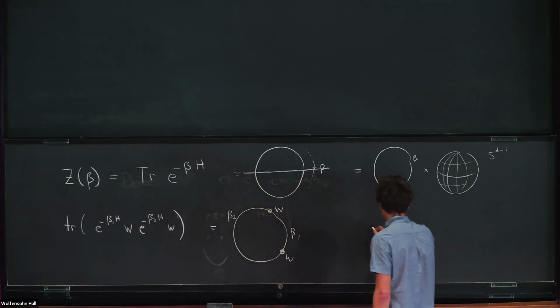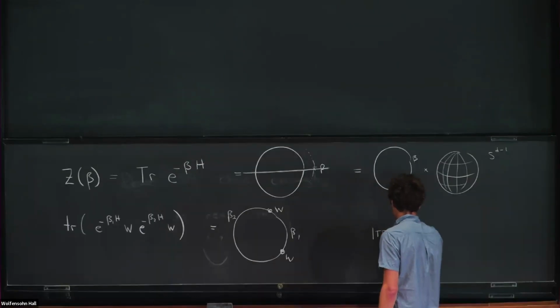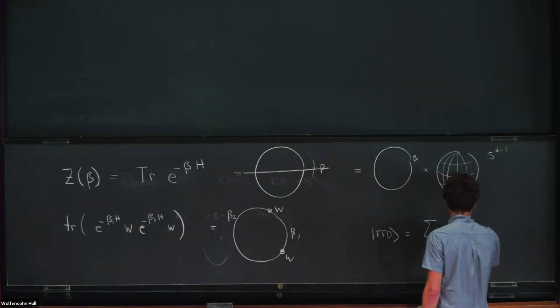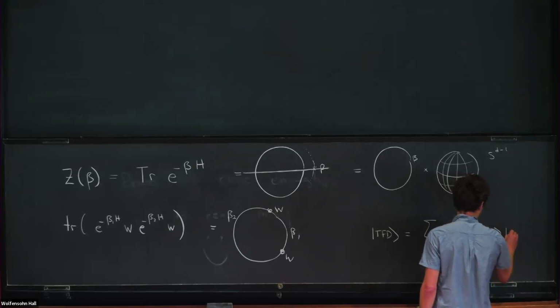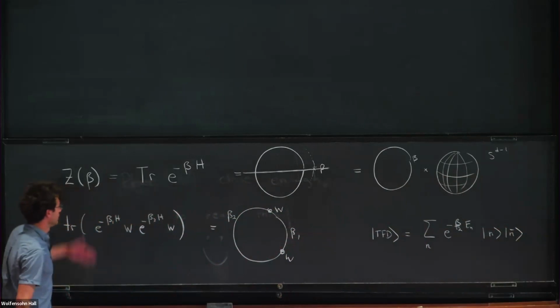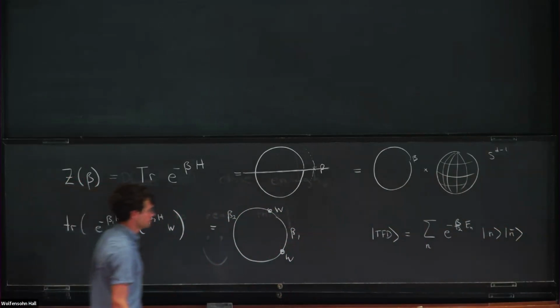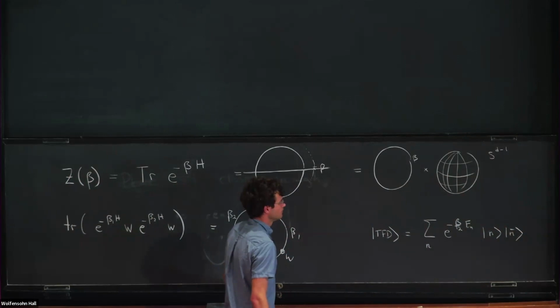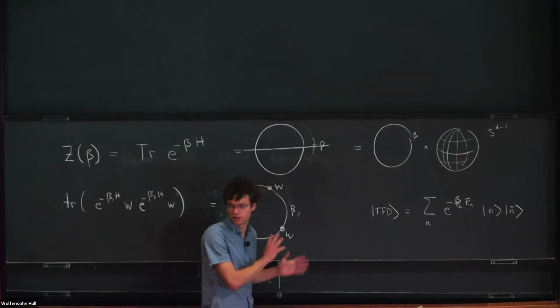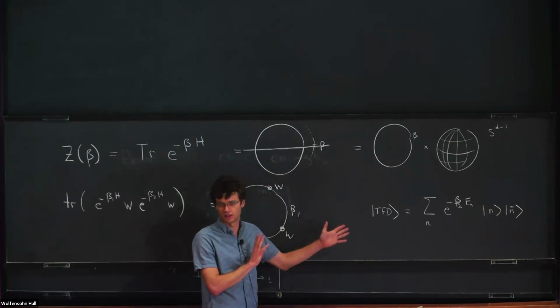That is the thermofield double state, which is the sum over all the energies e to the minus beta over 2 times E_n times |n>. So the thermofield double state is what you get by cutting this partition function. Okay, I think that's it for this. Hopefully these notations are clear.